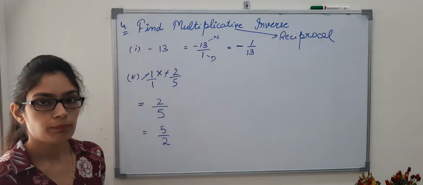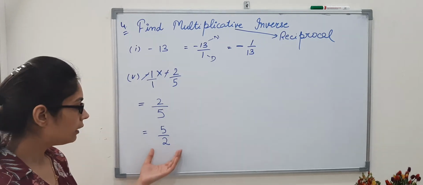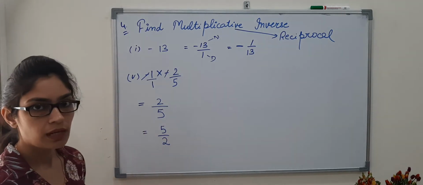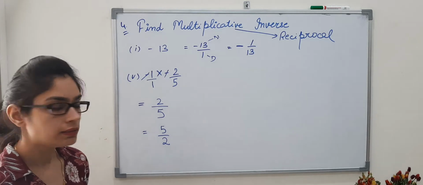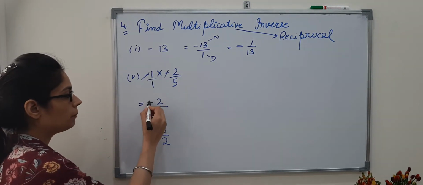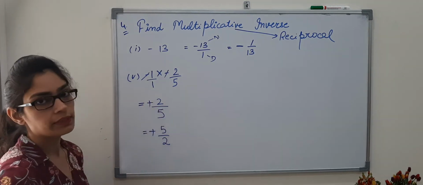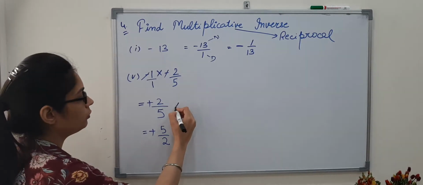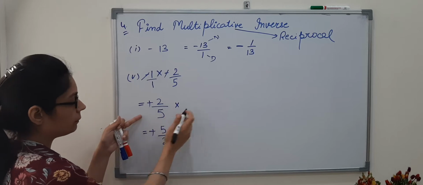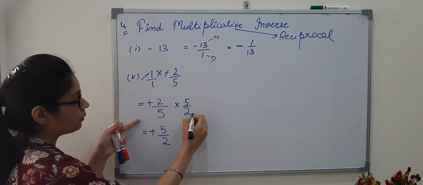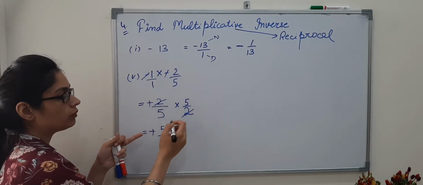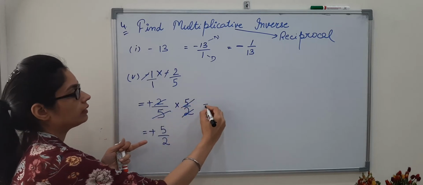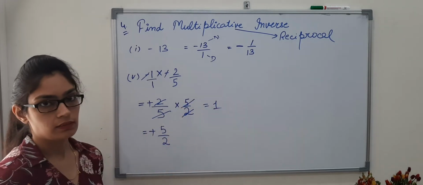You can try the other sums, and only the interchange of terms you have to do. Signs should remain the same. This number was in plus form, so the answer also I have written in plus form. And to make sure you have written it correctly, just multiply the original number with its reciprocal. You can see 2 and 2 will get cancelled, 5 and 5 will get cancelled, and you will get 1 as your answer.